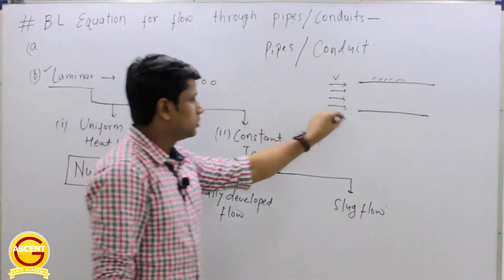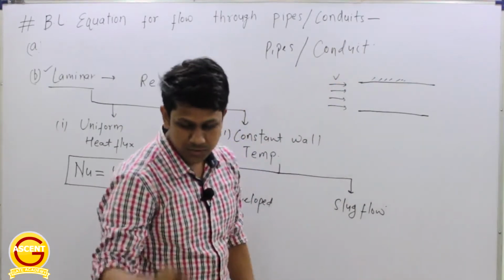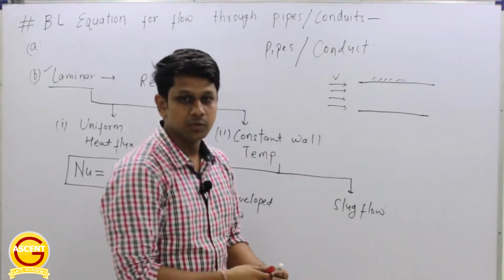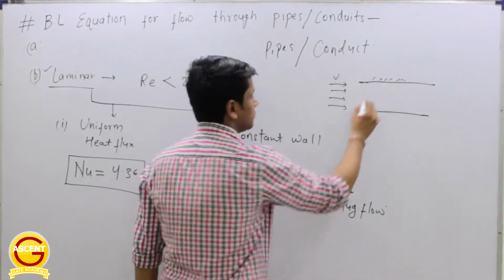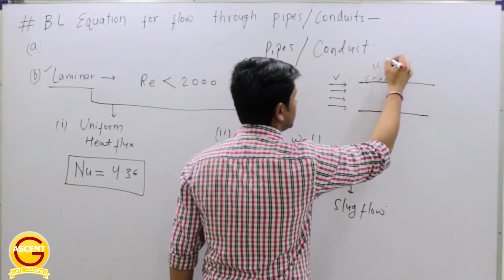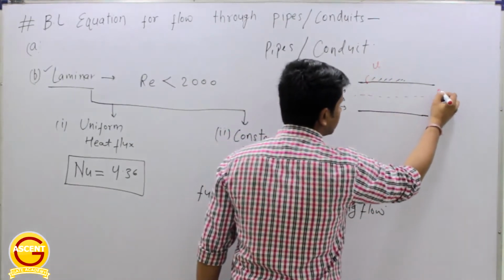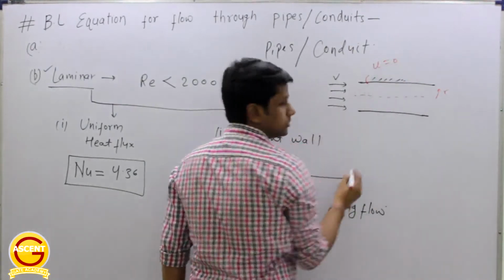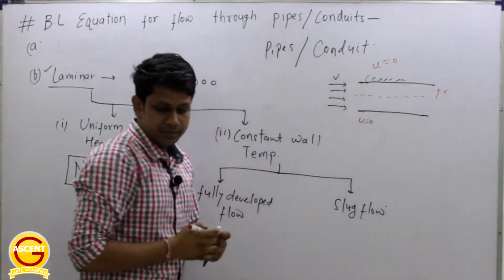The moment these fluid particles will come in contact with this pipe surface, the velocity of fluid particles will become 0 close to this pipe surface. So here the velocity of fluid will be 0. Let's say u is the velocity of fluid at any location r. So let's say this is our r. So here u equal to 0 and here also u will be equal to 0, right?